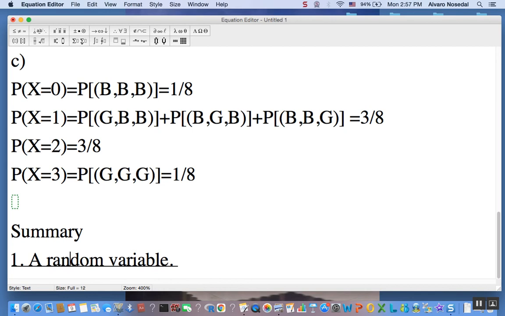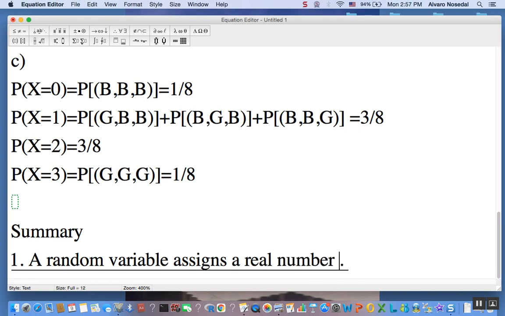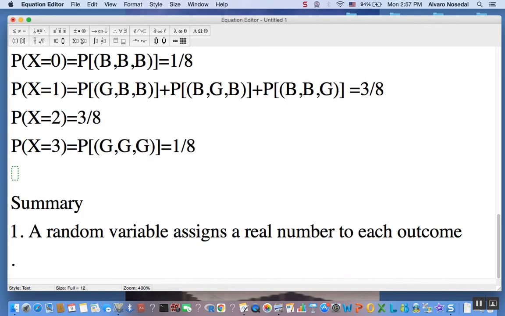A random variable assigns a real number to each outcome in the sample space, just like what we did here.